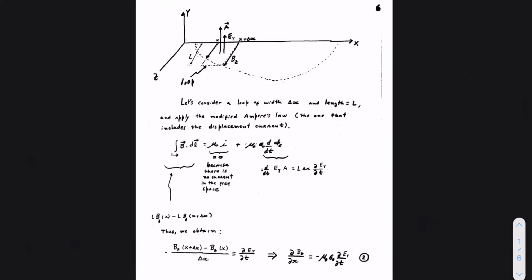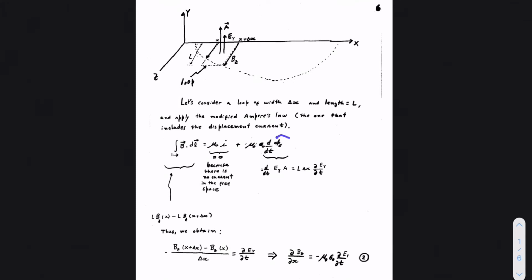Now let us consider a loop with height L and width delta x as before, but in the xz plane. And let's apply the modified Ampere's law for this loop. The modified Ampere's law tells us that the line integral of the magnetic field around the loop is equal to mu naught times I of that loop plus mu naught times the displacement current.